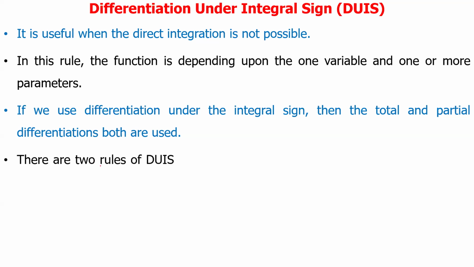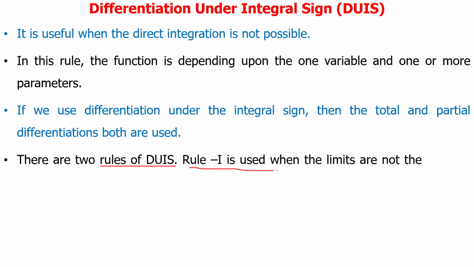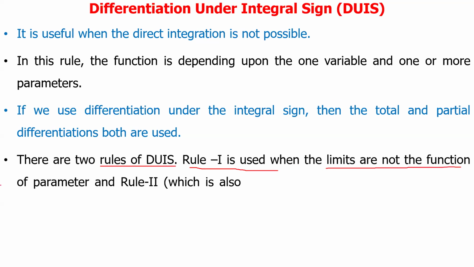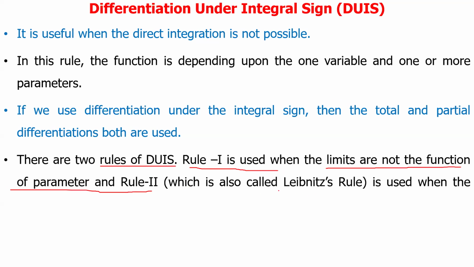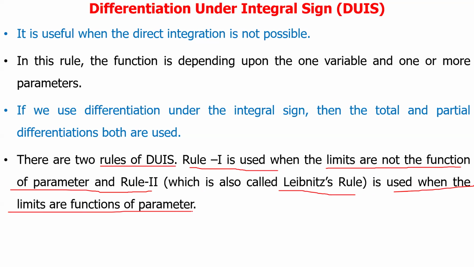There are two rules of DUIS, meaning differentiation under integral sign. Rule number one is used when the limits are not functions of the parameter, and rule number two, which is also known as Leibniz rule, is used when the limits are functions of the parameter.